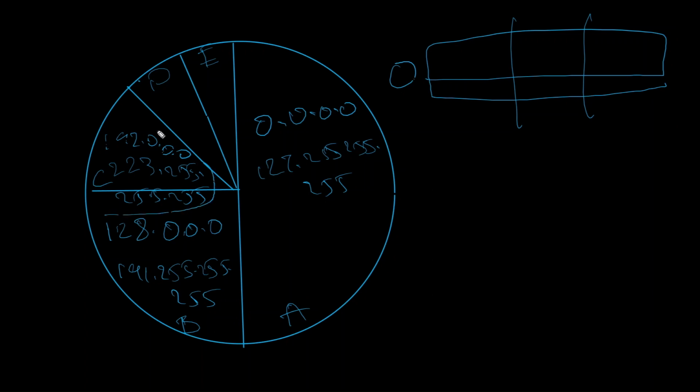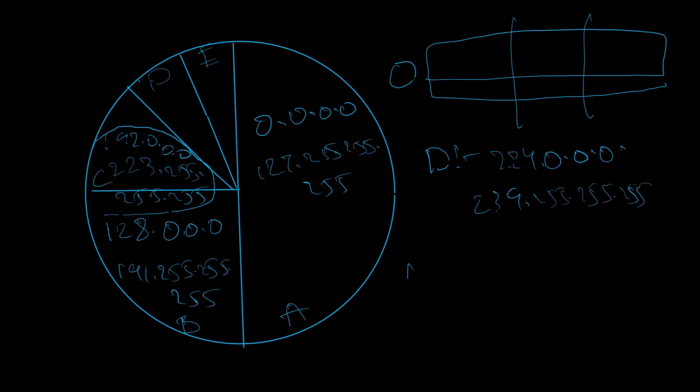This is class C. And the class D and class E ranges I will write here. D is from 224.0.0.0 to 239.255.255.255. This is the range.